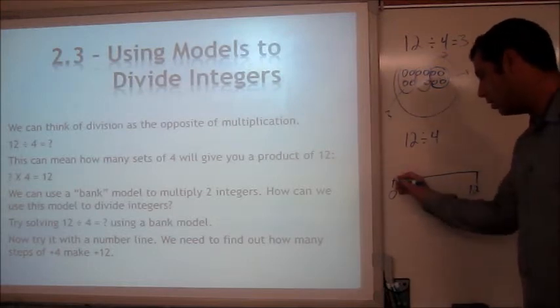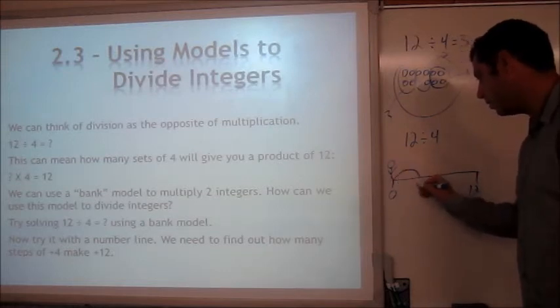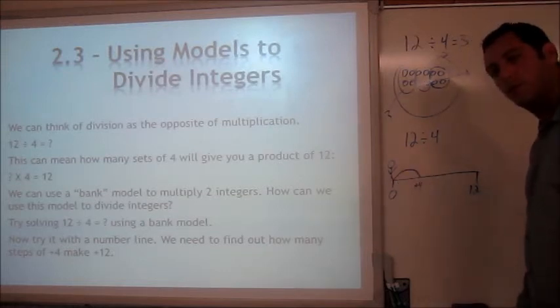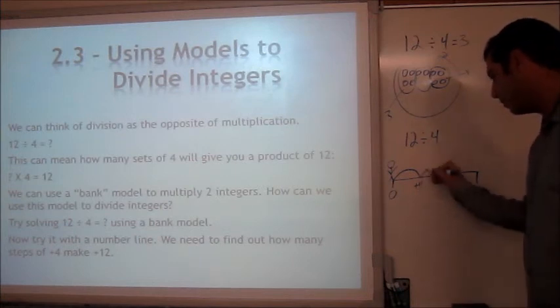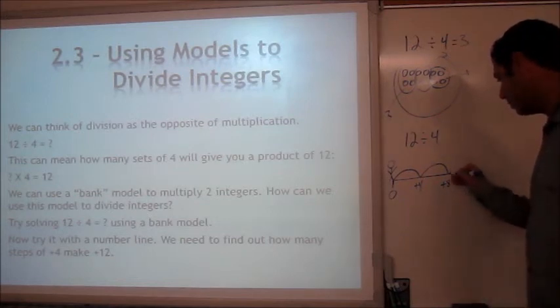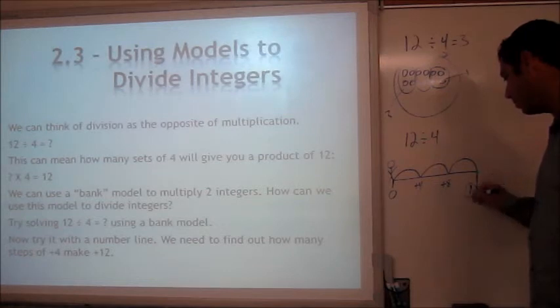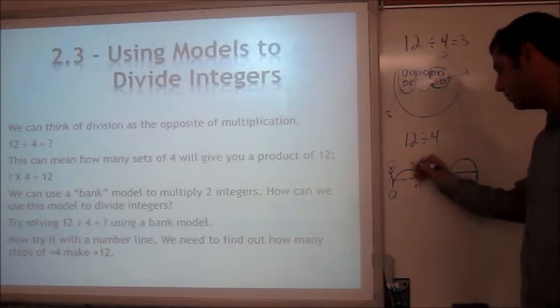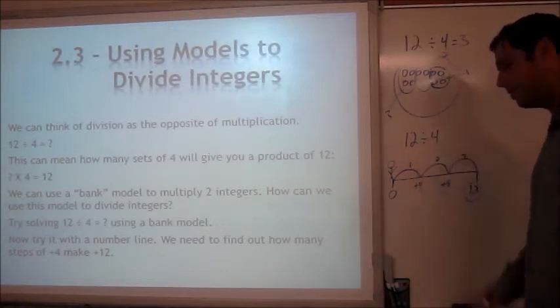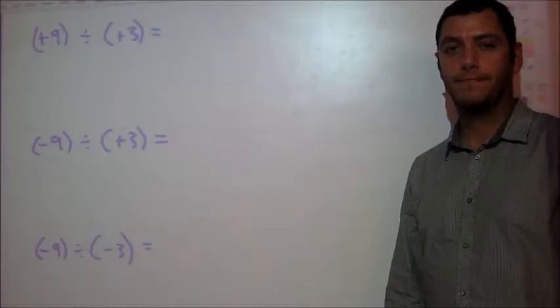So we can take one step to plus 4, the next step to plus 8, and our final step to 12. So we have taken 1, 2, 3 steps, and our answer is 3.